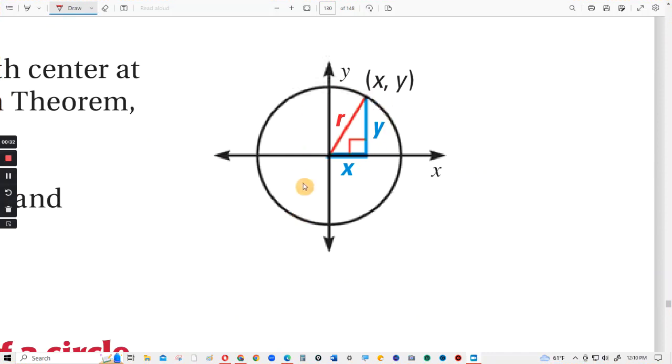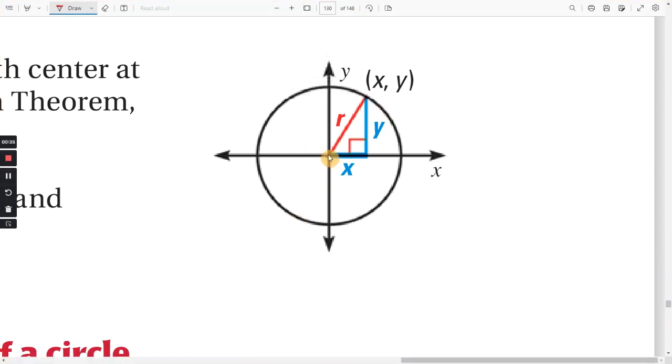Alright, so here we have a circle and the center is right here at 0, 0. That's the origin. And they just constructed a right triangle with the radius right here and center at the origin.